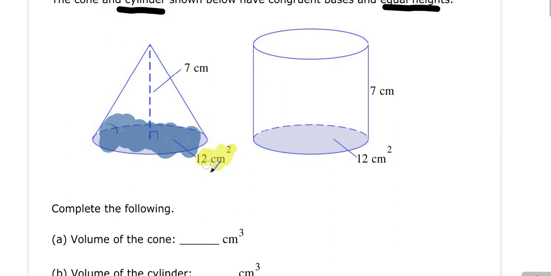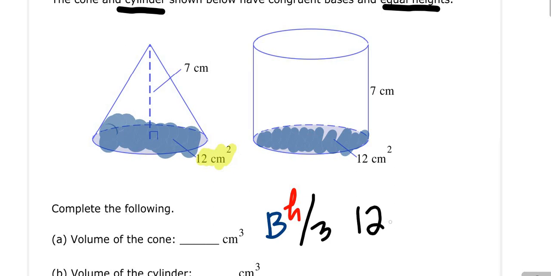That is 12 centimeters squared, so it's not a singular length. This 12 centimeters squared is the base. So for a cone, it's base times height over 3. So 12 times 7 over 3. And the volume of this cone is going to be 28. We're assuming pi is already folded in, so it's going to be 28 centimeters cubed.